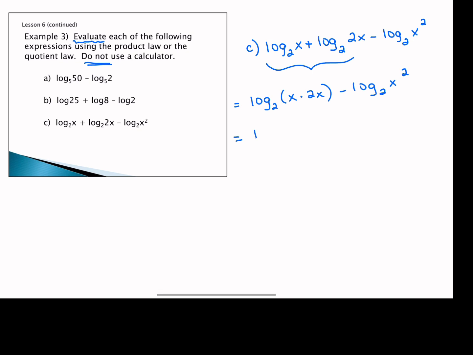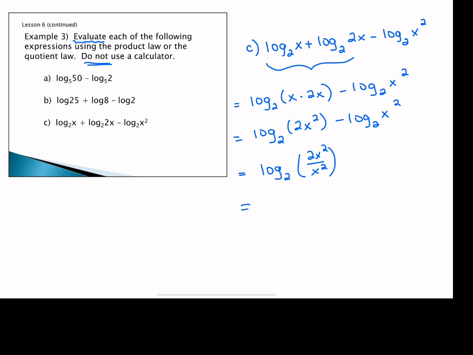So this becomes log base 2, and if we clean up inside those brackets, x times 2x is really 2x squared. We're still subtracting log base 2 of x squared, and because we're subtracting those two terms and they have the same base, we can change this using quotient rule. So this becomes log base 2 of 2x squared in the numerator divided by x squared in the denominator.